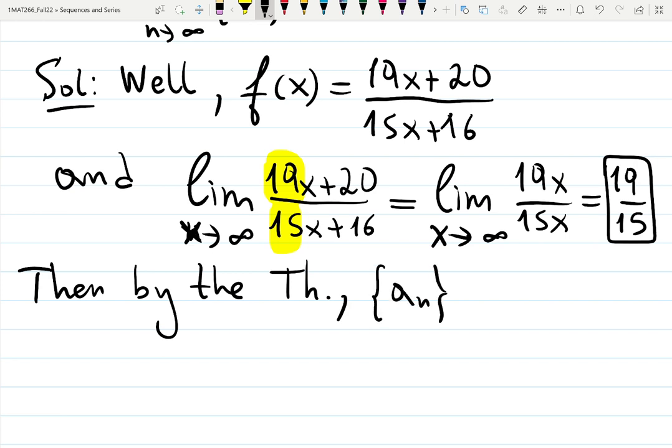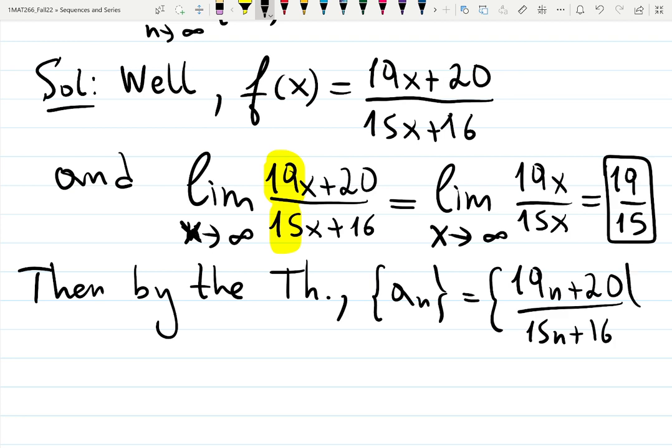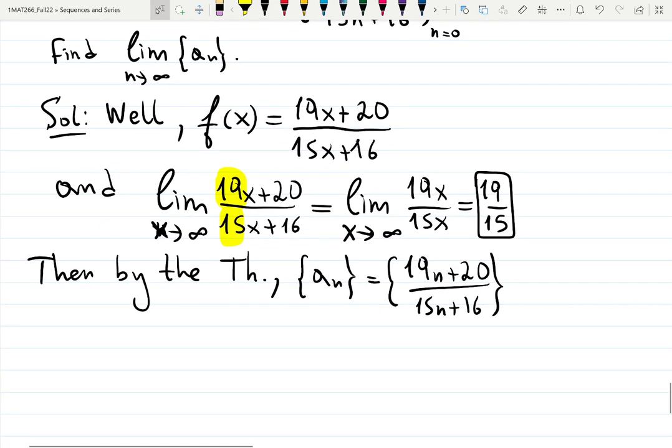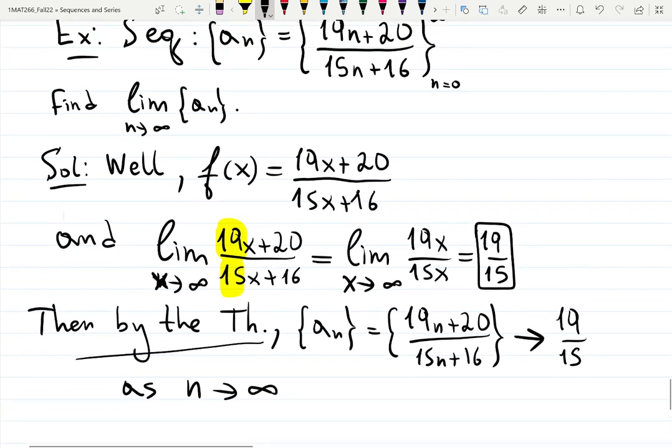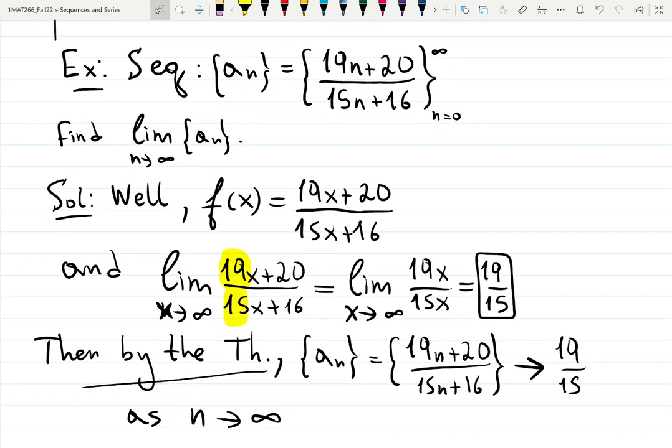A sub n, which is 19n plus 20 all over 15n plus 16, also has this limit, which means it converges, with just an arrow, to 19 over 15 as n blows up to infinity, n as the counter. Let me stop here for a second, lots of writing. This is one example. It's also an example from your homework and exam 2.